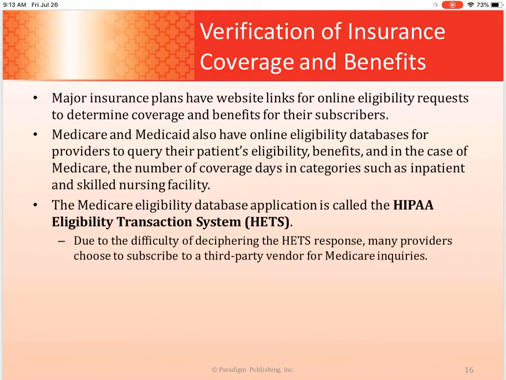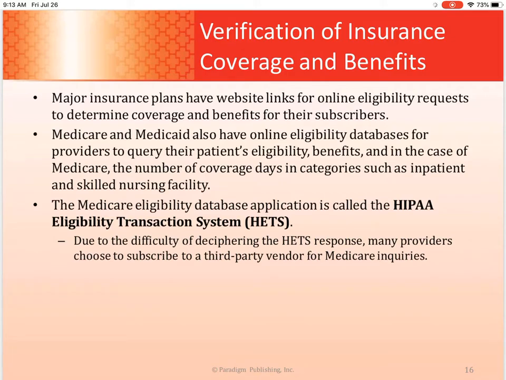All right, so moving over to 237, getting into the verification of insurance coverage and benefits. Major insurance plans have web pages for online eligibility requests to determine coverage and benefits for their subscribers. In addition, providers may choose to partner with vendors that provide online responses to queries about all major insurance plans.